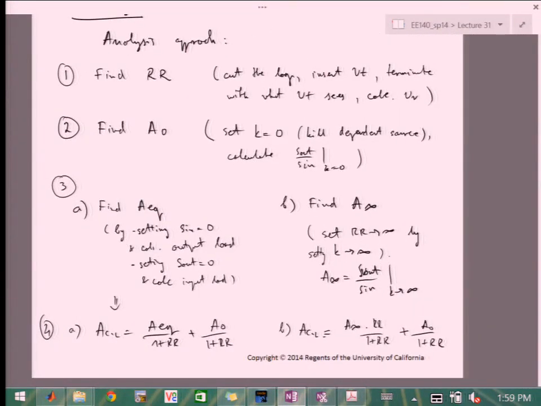Okay, so this should be the general recipe, right? As you saw in all the previous examples, the result is basically the same whichever method you use. But sometimes it's easier to use A equivalent. Sometimes you can immediately see what A infinity is, and then you don't have to calculate these input-output loading networks and what A equivalent is. So it just really depends on the topology of the circuit.